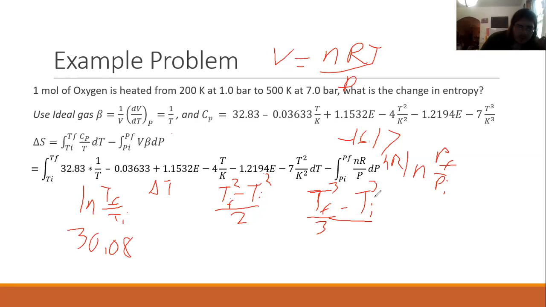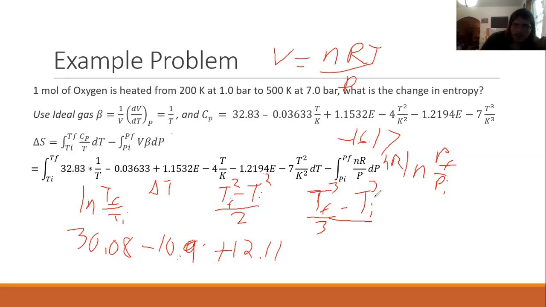Next term, negative 0.03633 times 300 gives minus 10.9. Then 1.1532 times 10 to the negative 4th divided by 2, times 500 squared minus 200 squared, adding a positive 12.11.